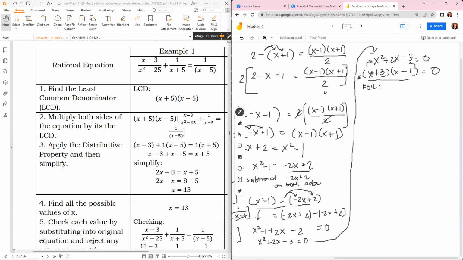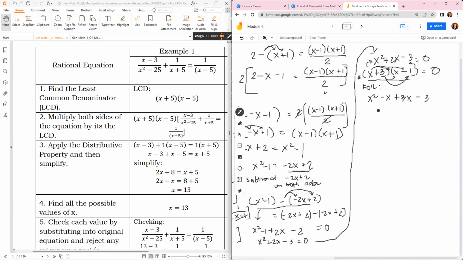So, let's do the first term. x times x is equal to x squared. What about the outside terms? x times -1, that would be negative x. What about the inside term? 3 times x, that would be 3x. And lastly, the last terms, 3 times -1 would be -3.